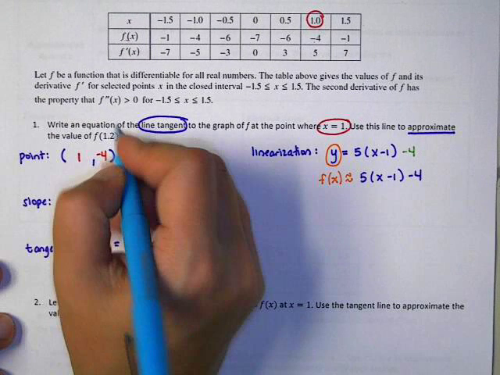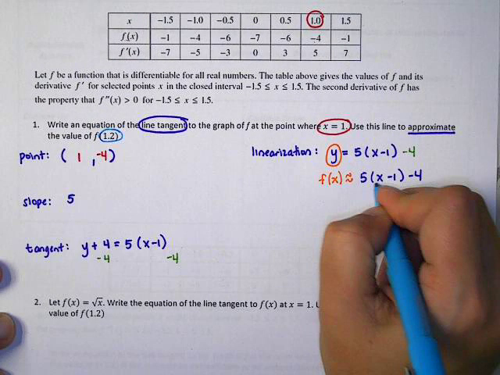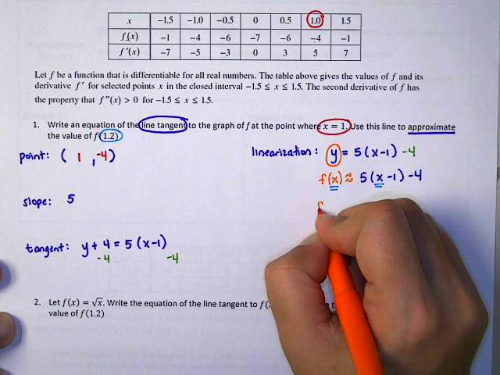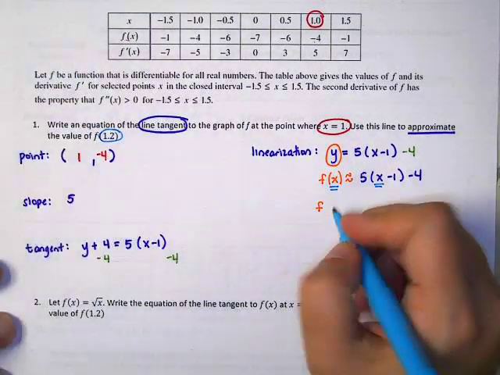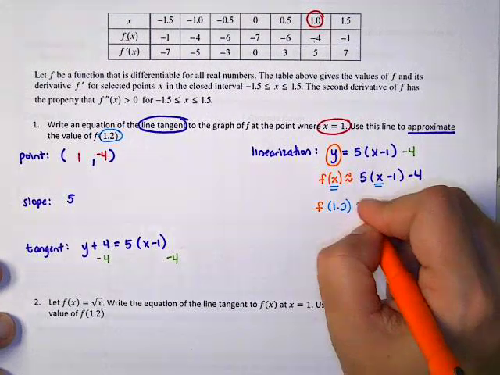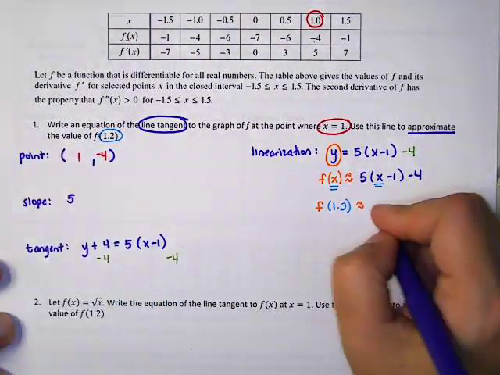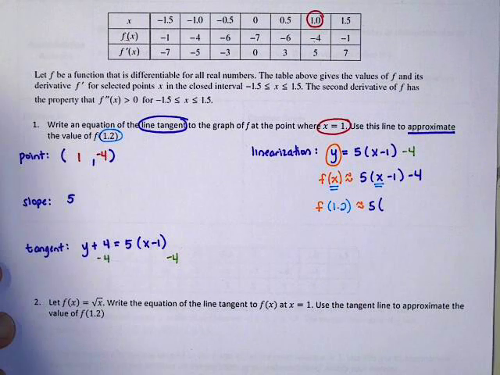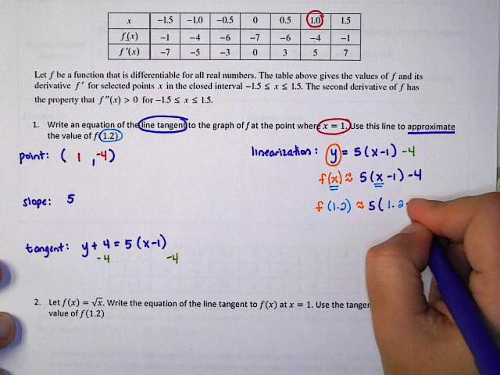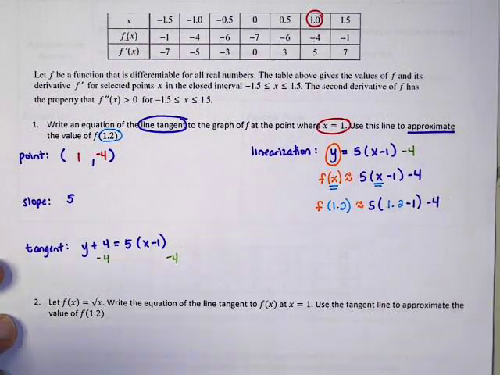Finally, I'm going to plug the number 1.2 into this x. So I would have f of 1.2 is approximately equal to 5 parentheses 1.2 minus 1 and then the minus 4.